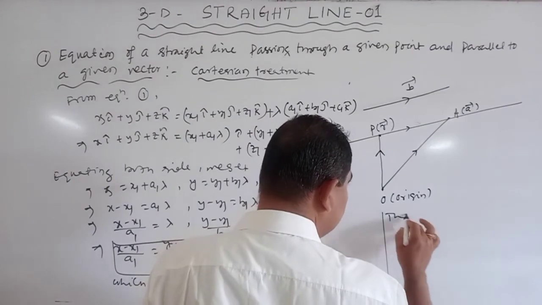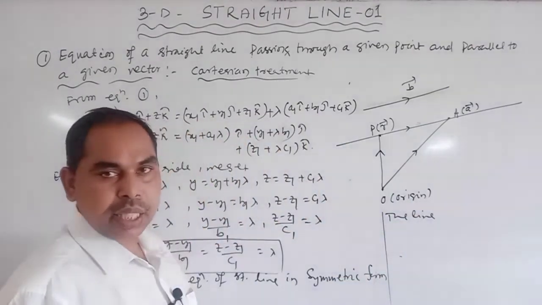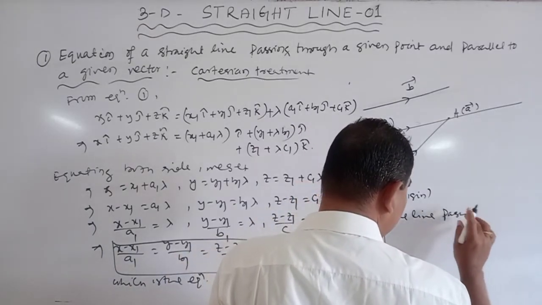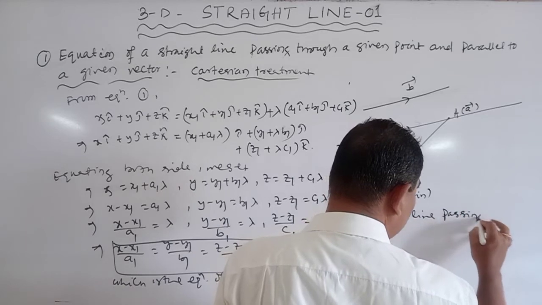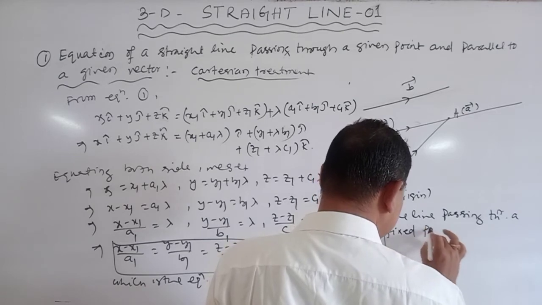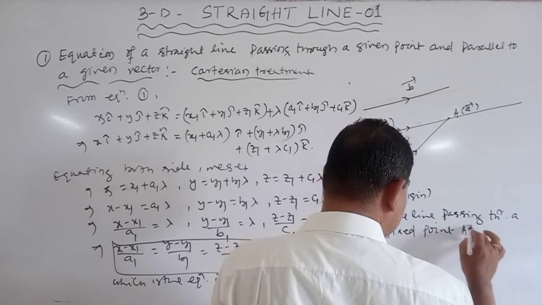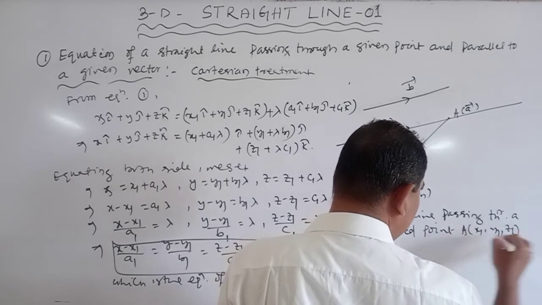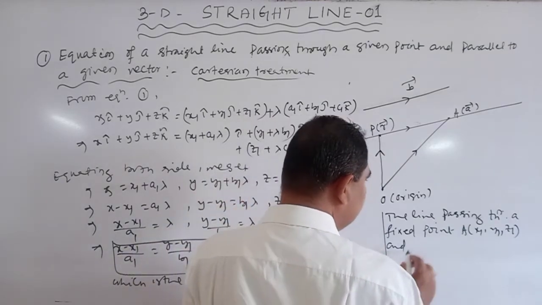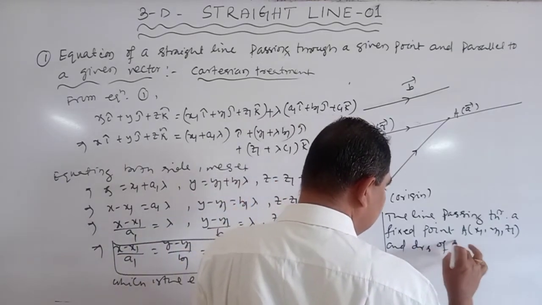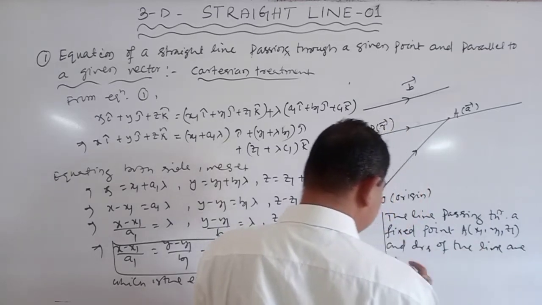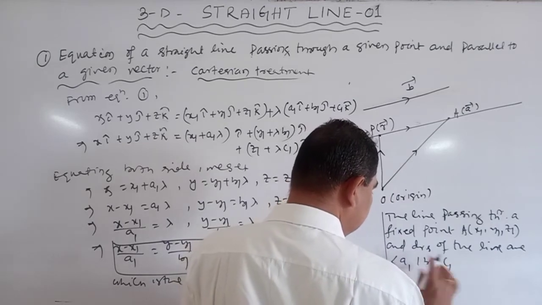Okay, the line passing through a fixed point capital A having coordinates x1, y1, z1 and DRs of the line are A1, B1, C1.